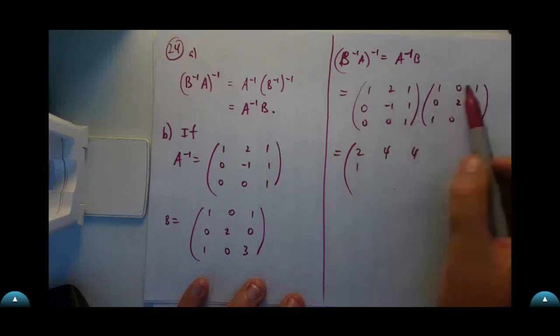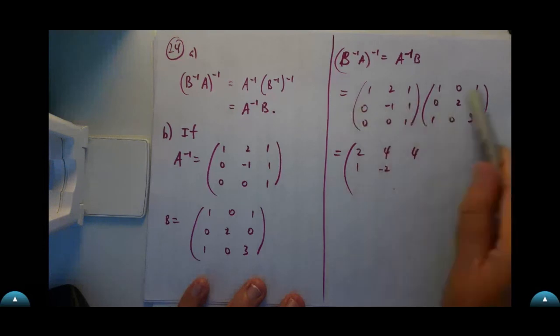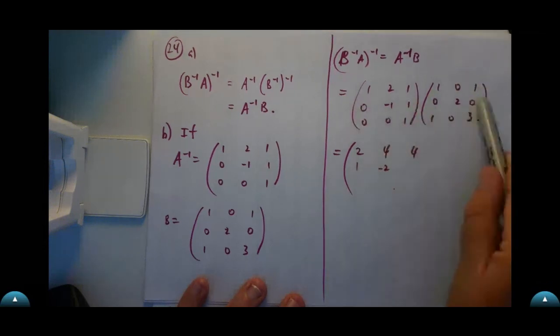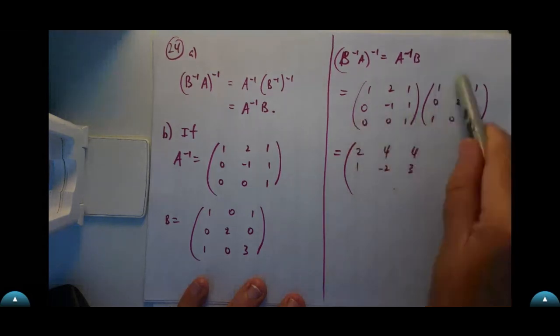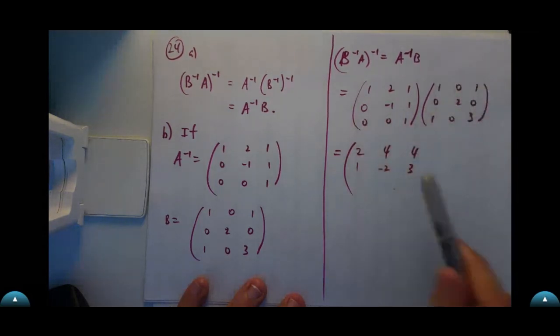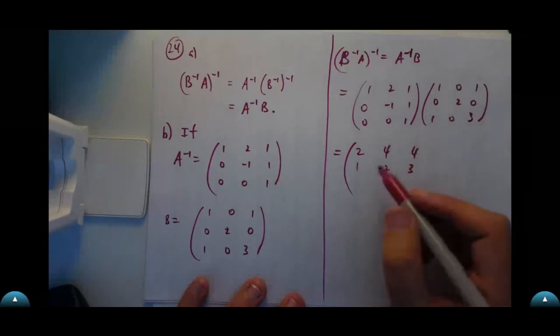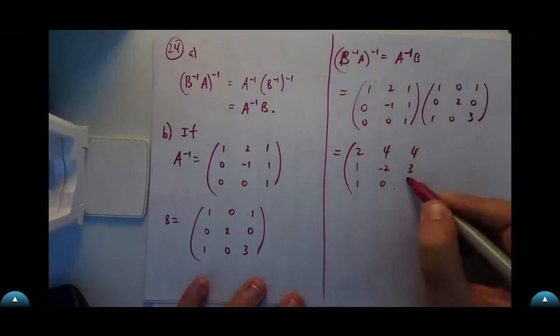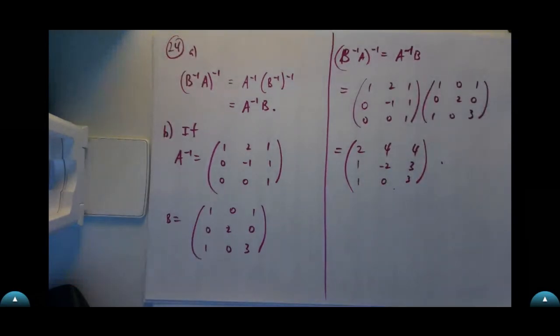That row times that column, 0, negative 2, 0. That row times that column, 0, 0, 3. And finally, that row times that will give us the bottom three. And because it's 0, 0, 1, it's just going to be 1, 0, 3. Okay. So there you go.